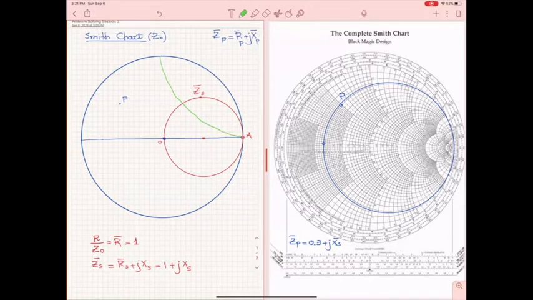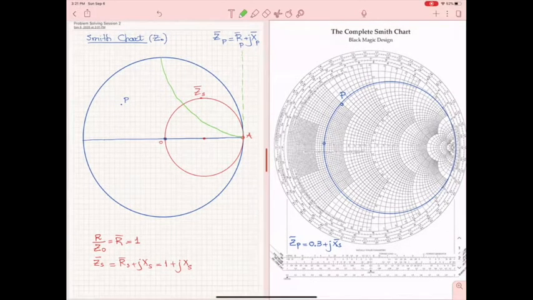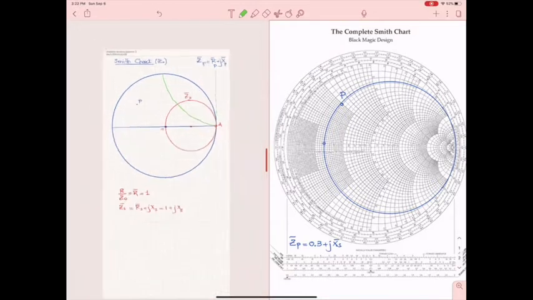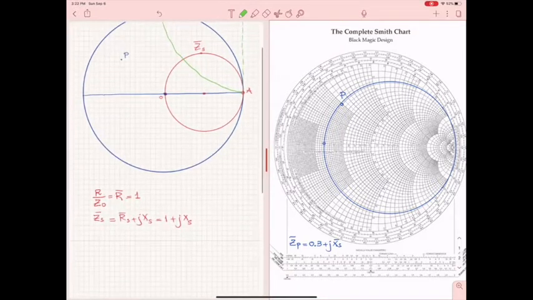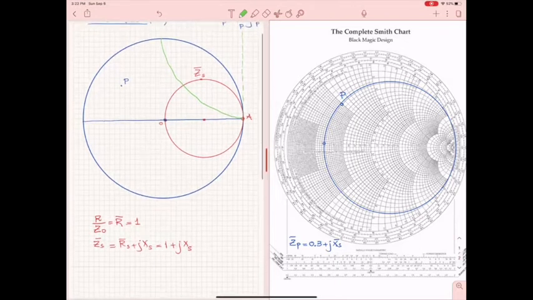These circles, if you were to draw them correctly, you will see that they are circles whose center is along this line here, somewhere up. And these circles are tangential to the axis of the Smith chart at A. And for passive components, we only need this part of the circle, not all of it.